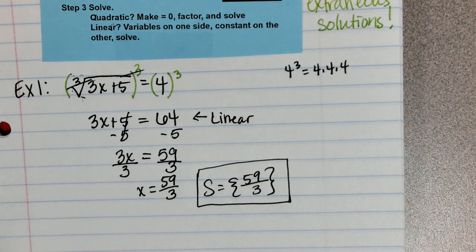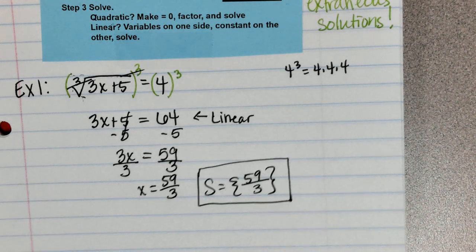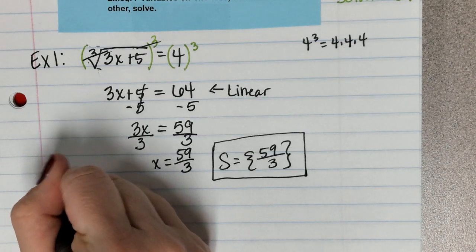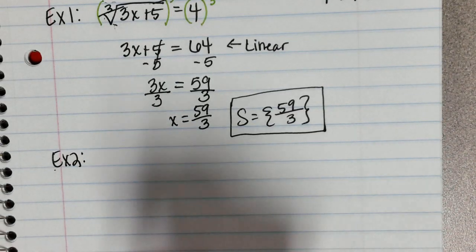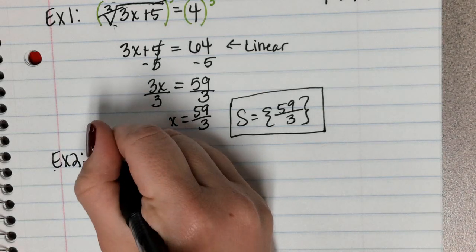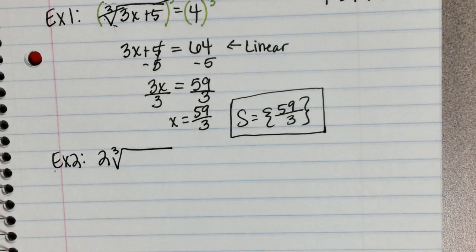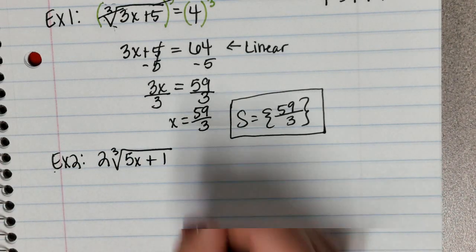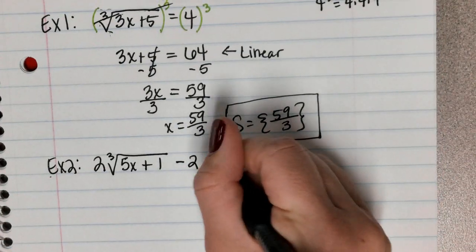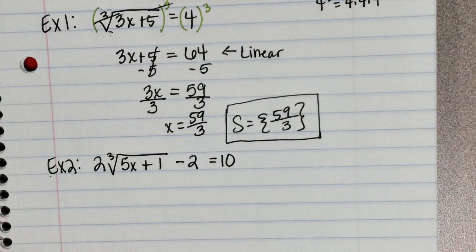All right, let's try another one. I want to give you one of every kind of problem that you're going to see. So 2 times the cube root of 5x plus 1, and then minus 2. This will work.